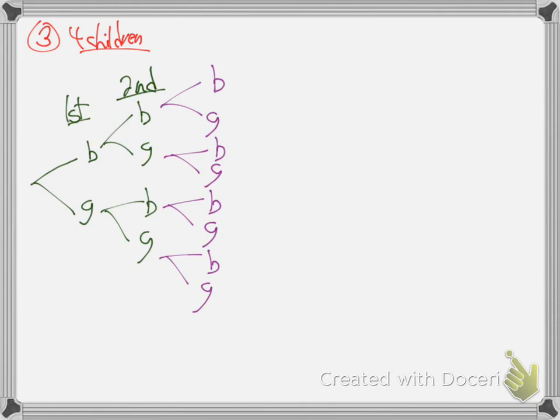And then finally, your fourth child. Oh, I should have written back here that that was the third child. And now for the fourth child. The fourth child is going to be a boy or a girl. So each new child is either a boy or a girl.